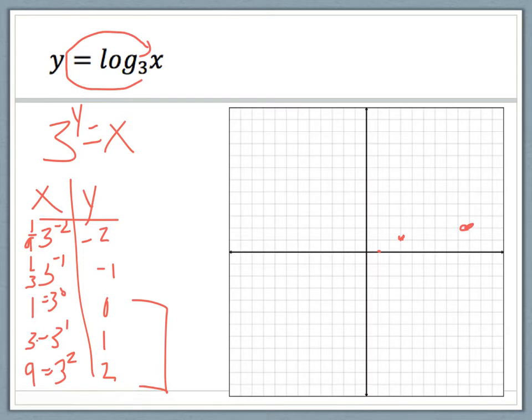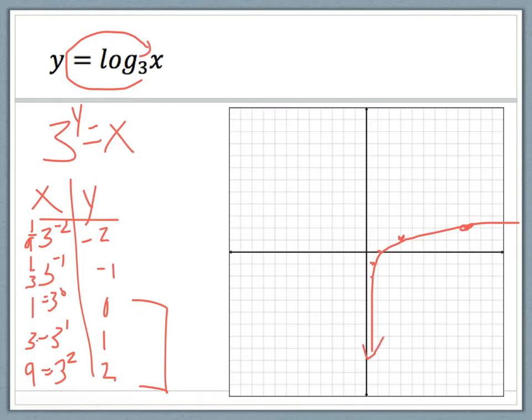There's that point. The next one is down 1, so -1 is my y value, so it's 1/3, -1. I'm going to go over 1/3, but then down 1. It doesn't have to be exact, but about 1/3 over. Then 1/9, I know that's going to be closer to 0, but it's going to be down 2, so it's going to be right there. All I did was plot those points, and now I'm going to draw my graph.